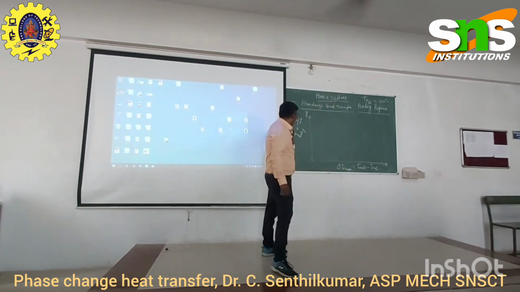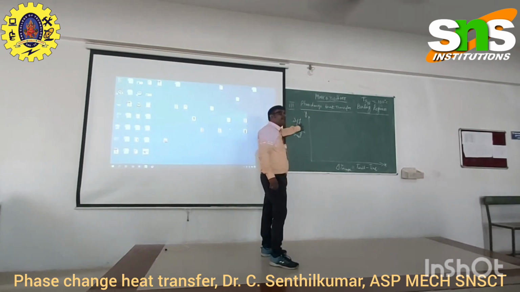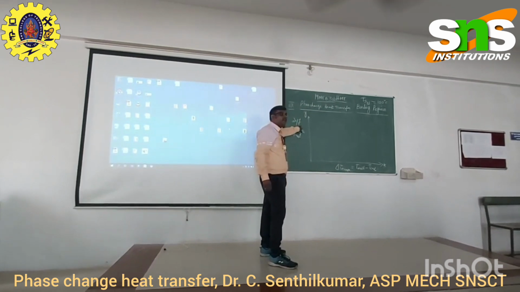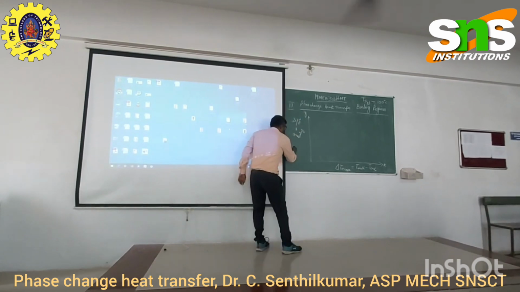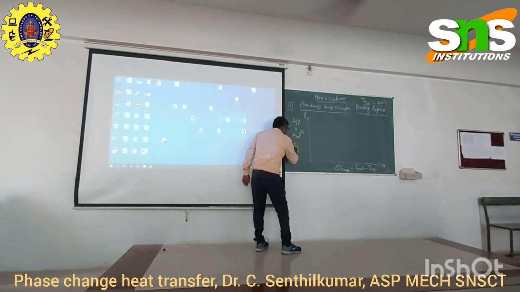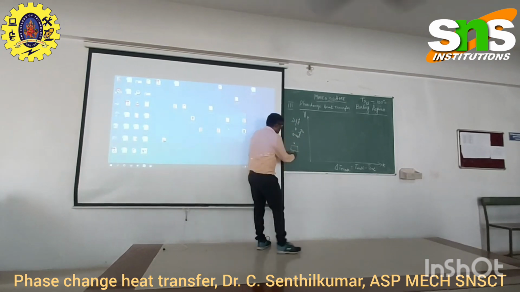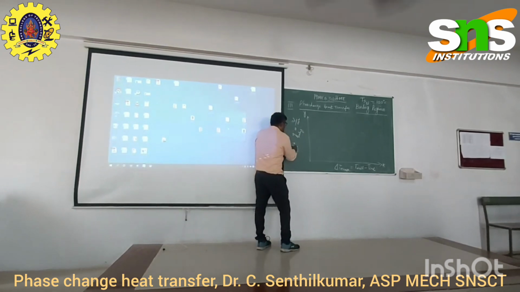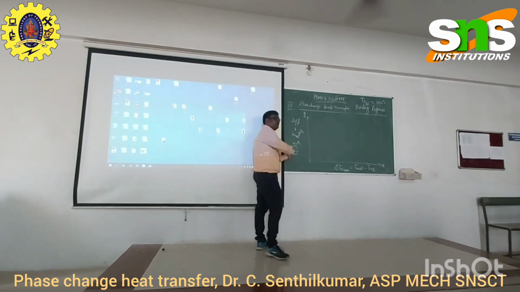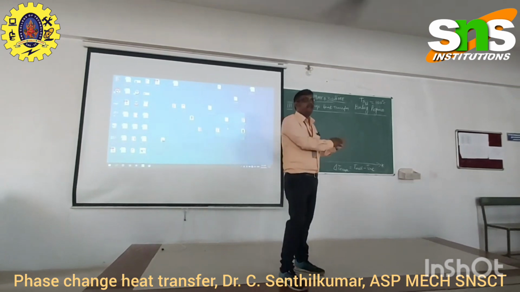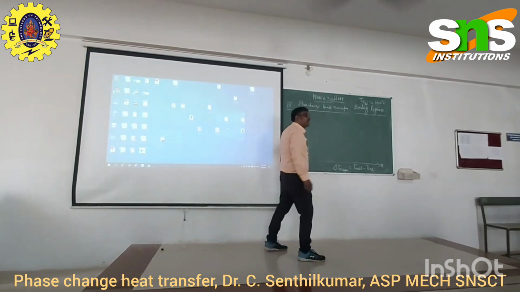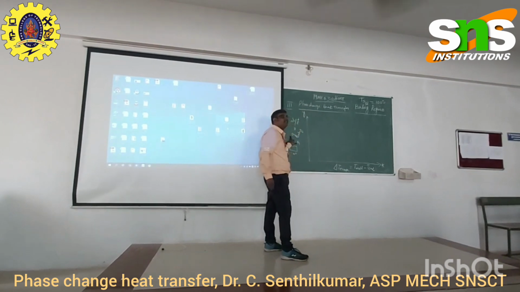Per meter square, the unit of area. So how much heat transfer has taken place in the unit area? If you have a metal with an area of 1 meter square, how much Q is liberated from that square metal, that is Q dot. It is nothing but heat flux.